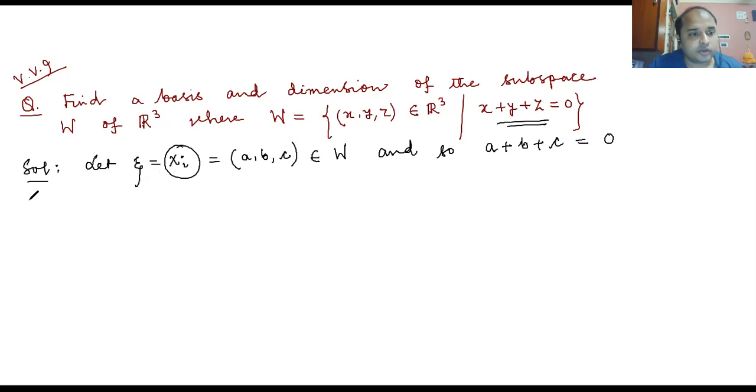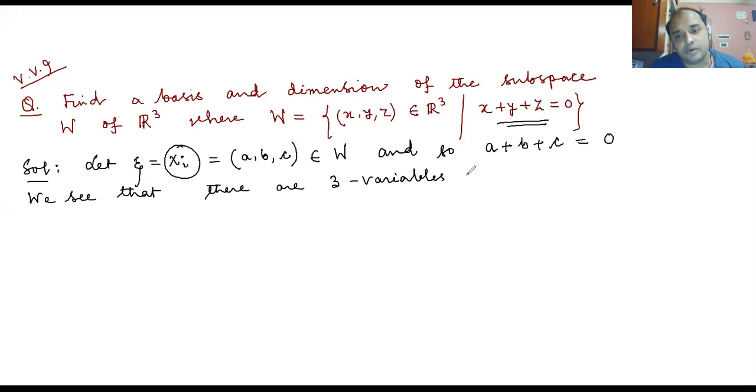And here also we see that there are 3 variables and 1 equation. There are 3 variables and 1 equation.